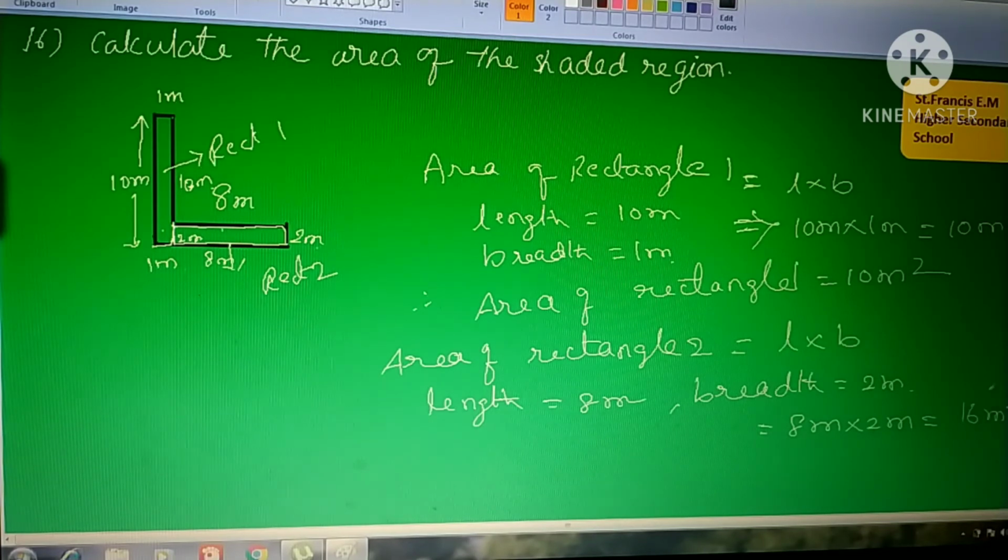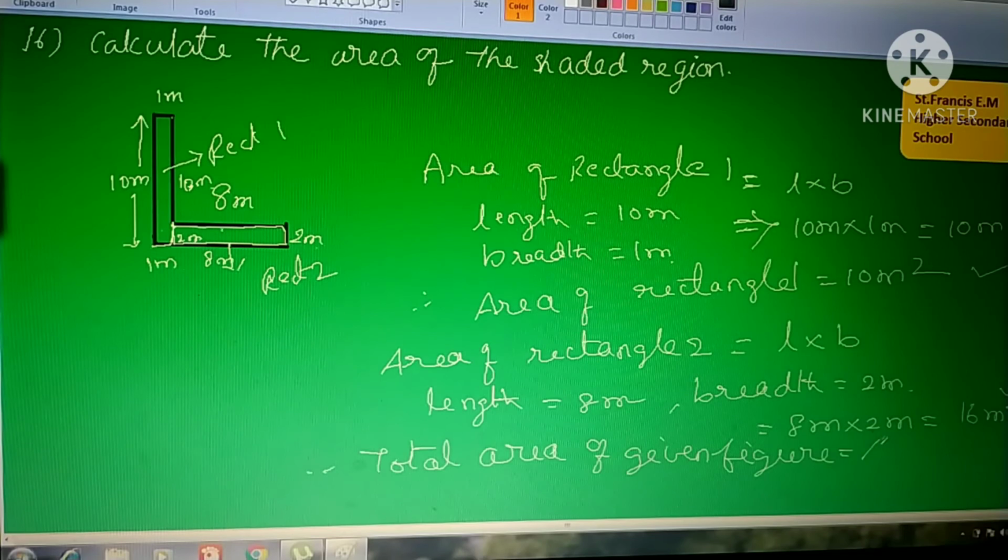Now we got rectangle 1 area and rectangle 2 area. Now find out the total area. Therefore total area of the given figure is equal to area of rectangle 1 plus area of rectangle 2.